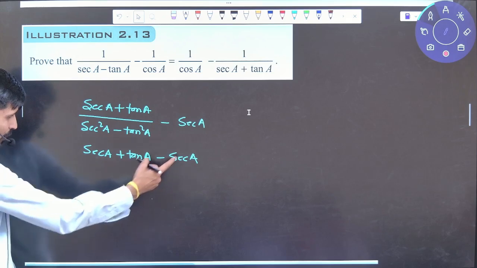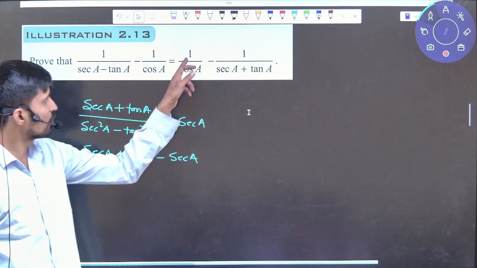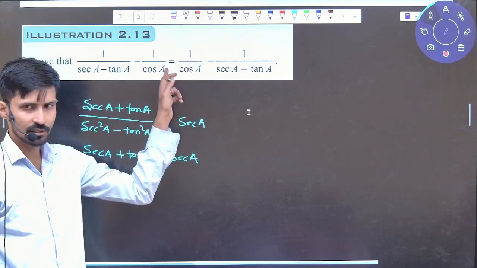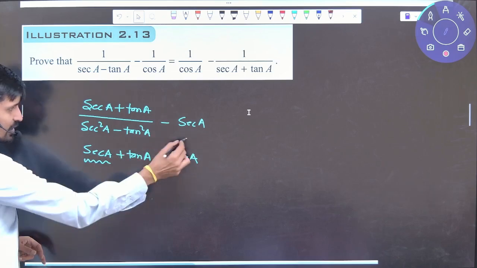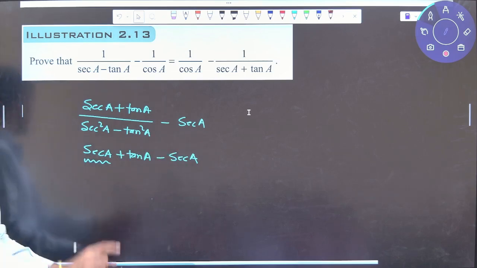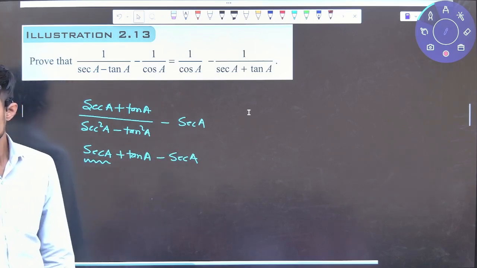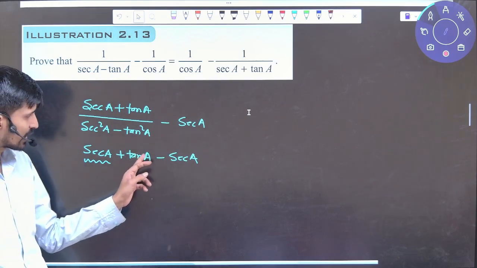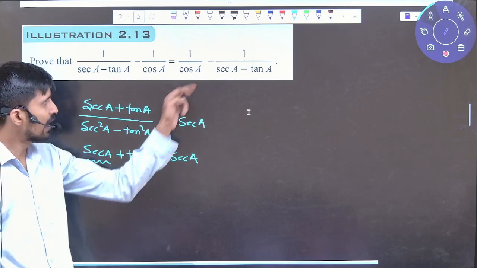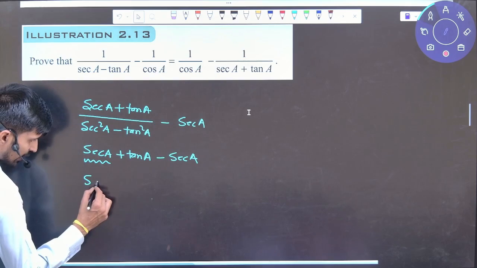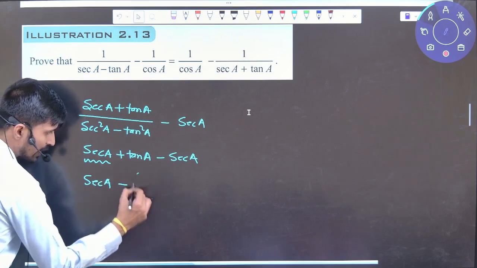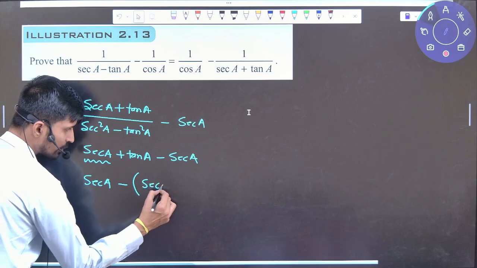Okay. Now from here you see, what do you want? Can you see 1 upon cos A? This is sec A. So sec A you already got. You cannot cancel sec A, else that data will vanish. So what is left now? Tan A minus sec A. And here you want a minus sign. So take minus common. So you write sec A as it is, and minus you take common. So what will this become?